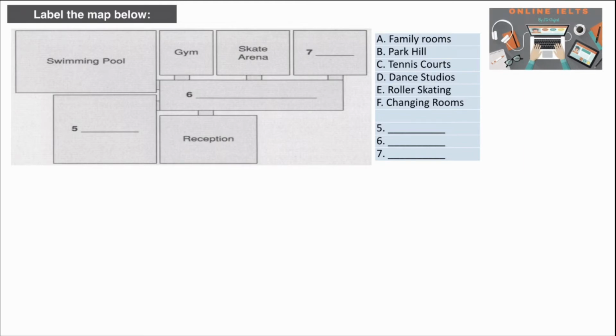Now listen and answer questions 5 to 10. Now, some of you won't have been to Park Hill Leisure Centre before, so let me just tell you a little about the layout. As you can see, the reception area here is very spacious and there is plenty of room to meet your friends and have a drink. We also have brand new dance studios with floor-to-ceiling mirrors and the latest audio equipment. The dance studios are to the left of the reception area behind the swimming pool.